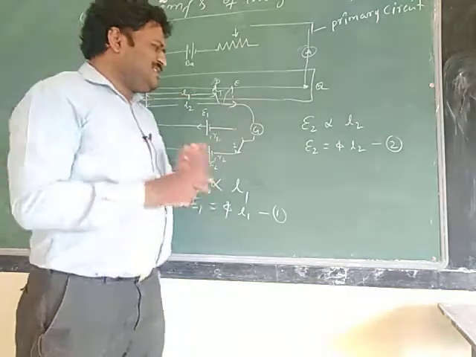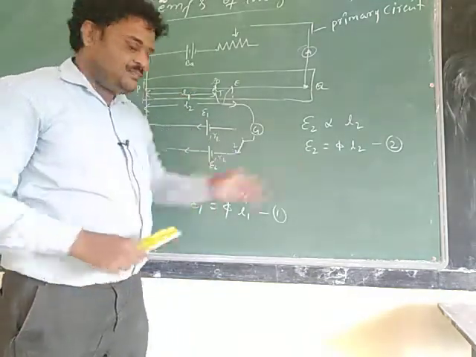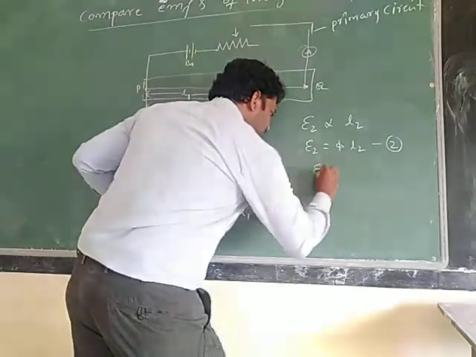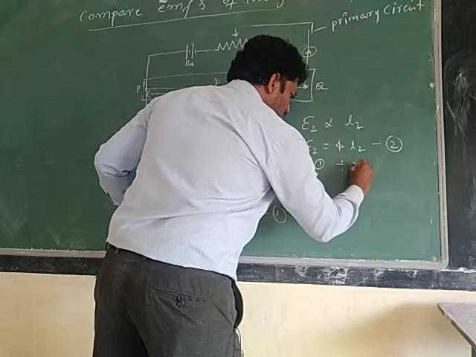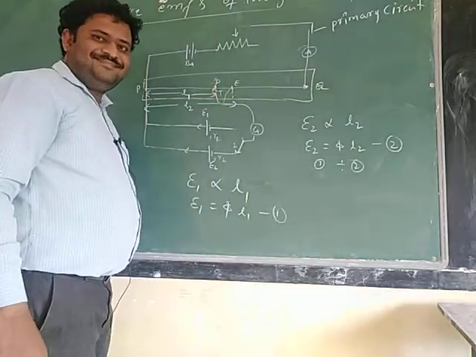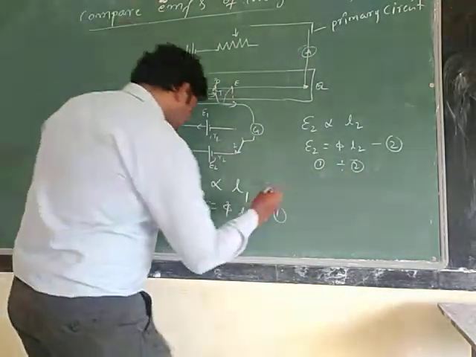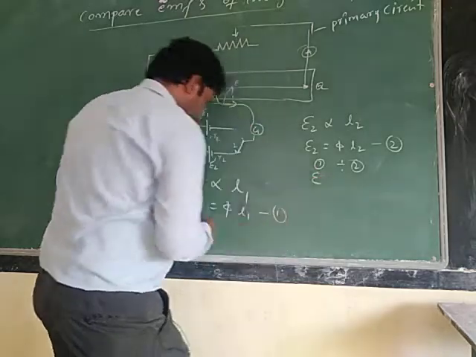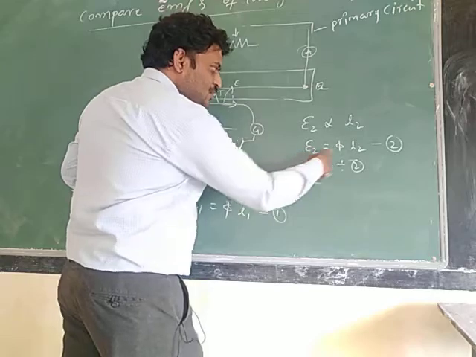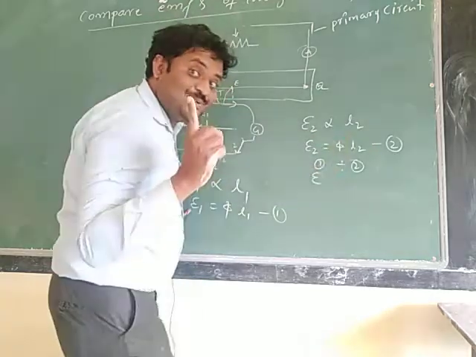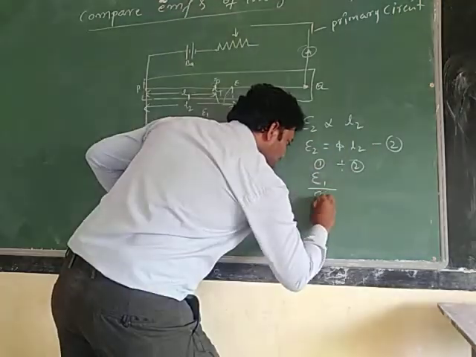Now divide these two equations, equation 1 by equation 2. E1 on the left-hand side of equation 1 and E2 on the left-hand side of equation 2, so E1 by E2.